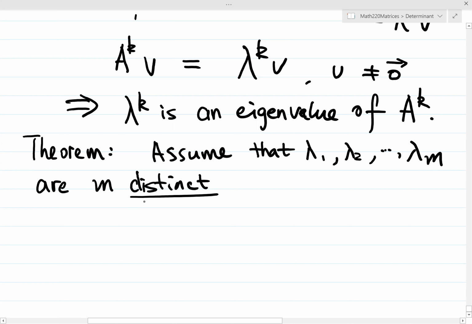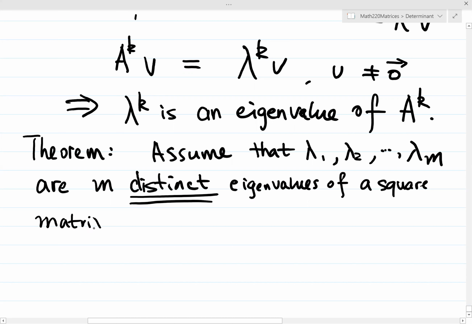Here the distinct property is important. We are talking about a square matrix for eigenvectors and eigenvalues.